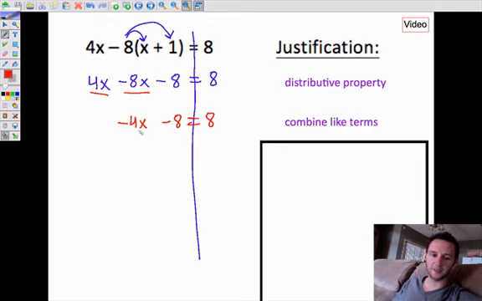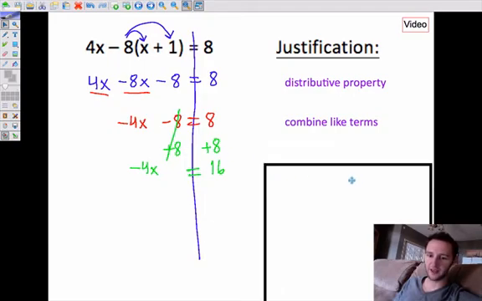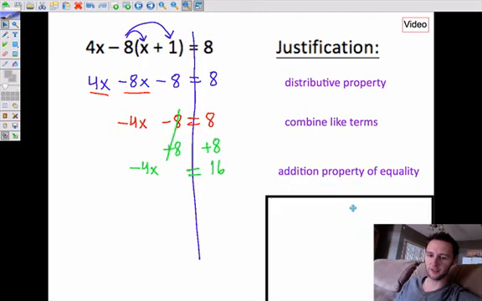My next step, I've got all the variables on the left side, but I've got this minus 8 here that I need to get rid of, so I'm going to add 8 to that side and add 8 to that side. That leaves me with a negative 4x. This all cancels out, equals 16. And you can probably guess, we've seen this one several times, that I added 8 to both sides, so that is the addition property of equality.